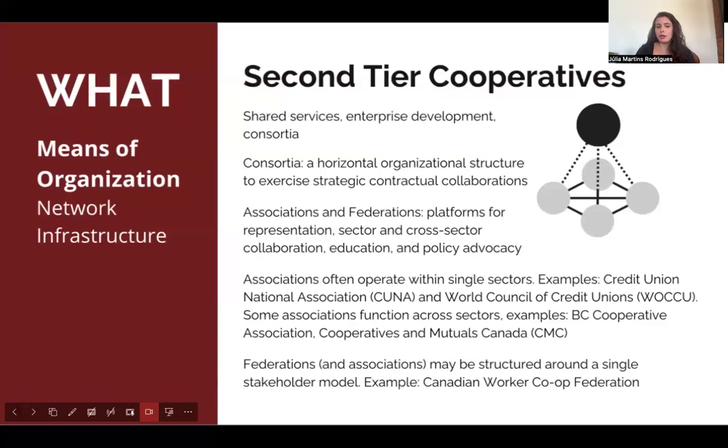However, some do operate across sectors, like the BC Cooperative Association and the International Cooperative Alliance. But federations like the Canadian Worker Co-op Federation are typically organized around a single stakeholder model and offer technical services, support, and cooperation with local stakeholders.